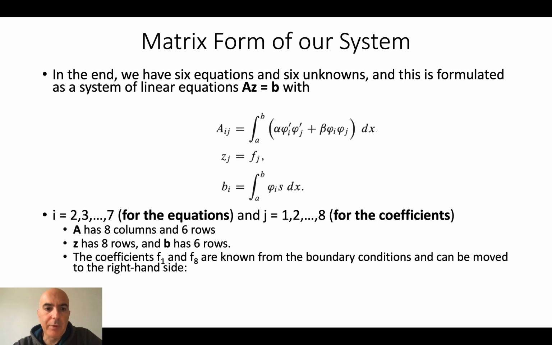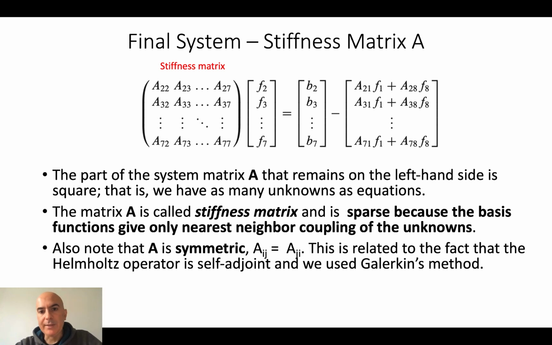Note that in our problem, A has 8 columns and 6 rows, Z has 8 rows, and B has 6 rows. The coefficients f1 and f8 are known from the boundary condition and can be moved to the right side. This slide represents the final system using the definitions I showed in the previous slide.